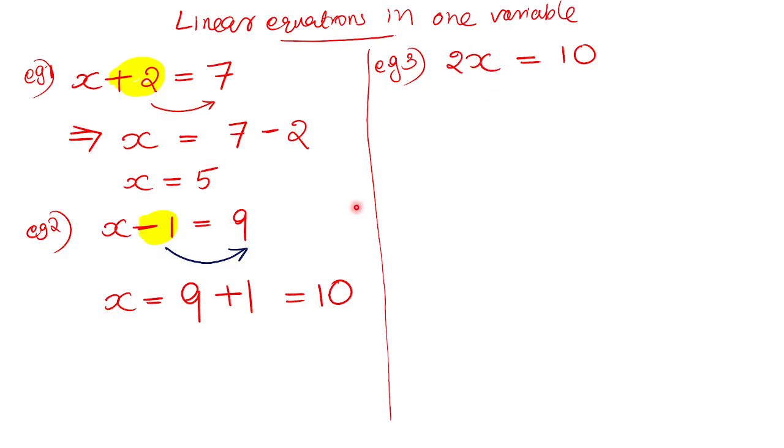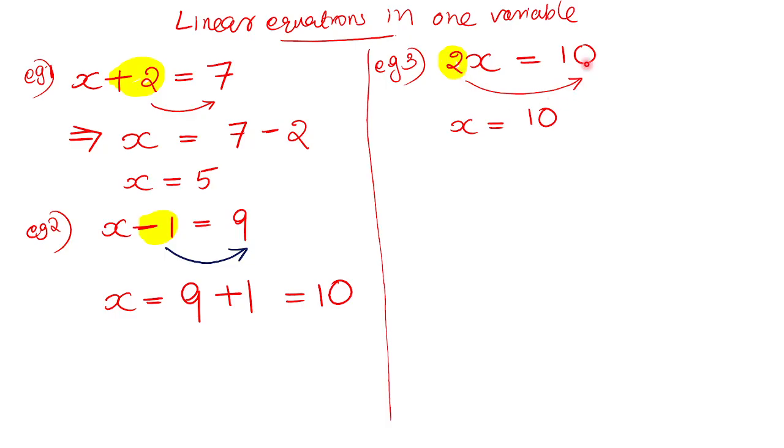Without guessing, how can we find out the value of x? I will tell you. Here, 2 is under multiplication, right? It is not 2 plus. If a number under multiplication is taken to the other side, it becomes divided by. 10 is already there on the other side.